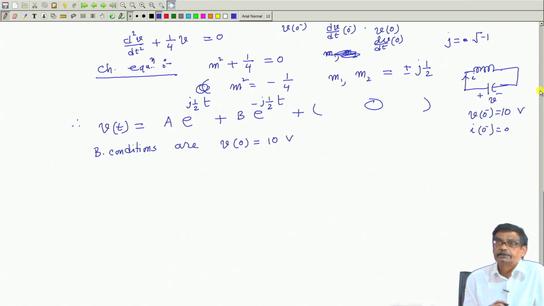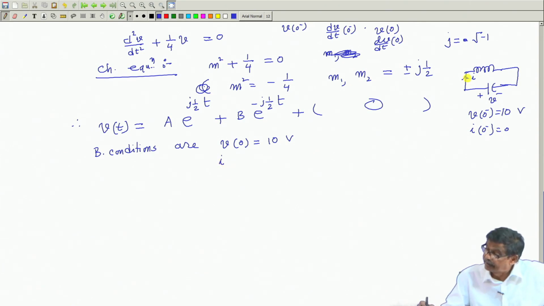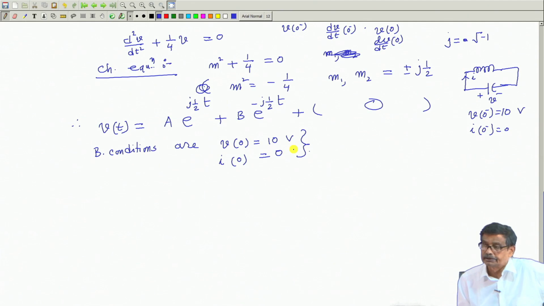Capacitor voltage cannot change instantaneously. Similarly, the current through the inductor, mind you, this is the direction of the current, I(0) must remain 0. These are the two boundary conditions.